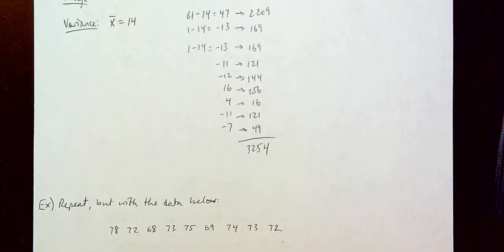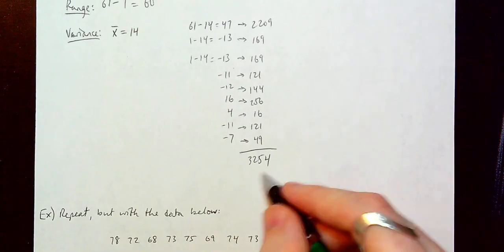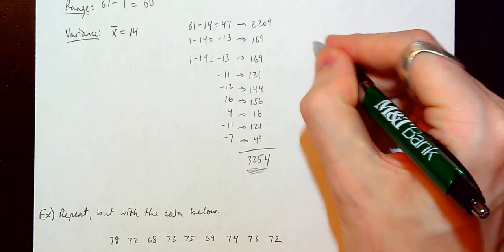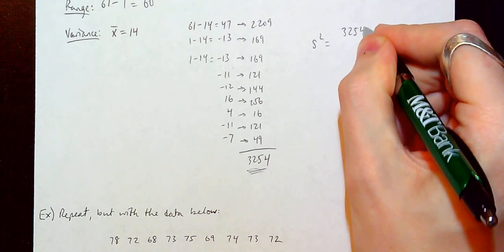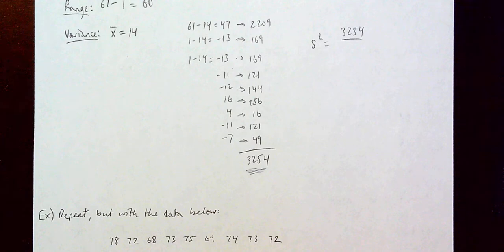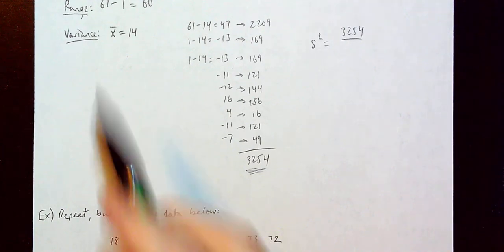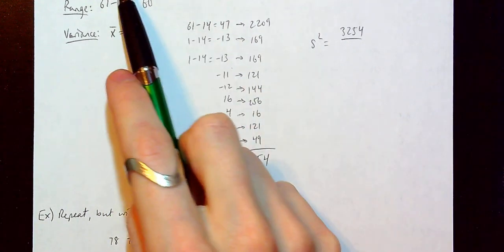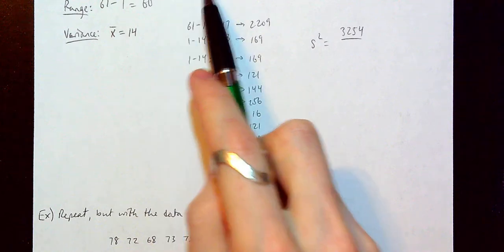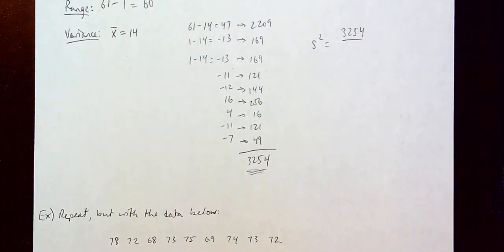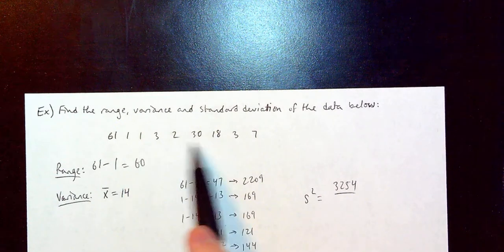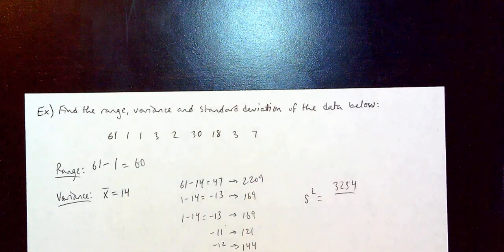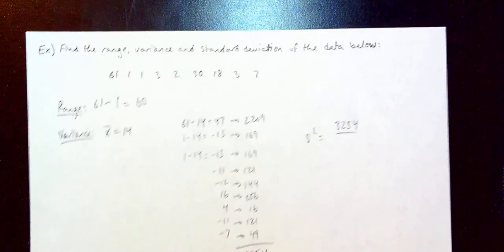To find the variance, I need to take this number that I found and divide it by 1 less than the number of values I had. I had 1, 2, 3, 4, 5, 6, 7, 8, 9 pieces of data here. So subtract 1 from that. Obviously, that gives me 8.